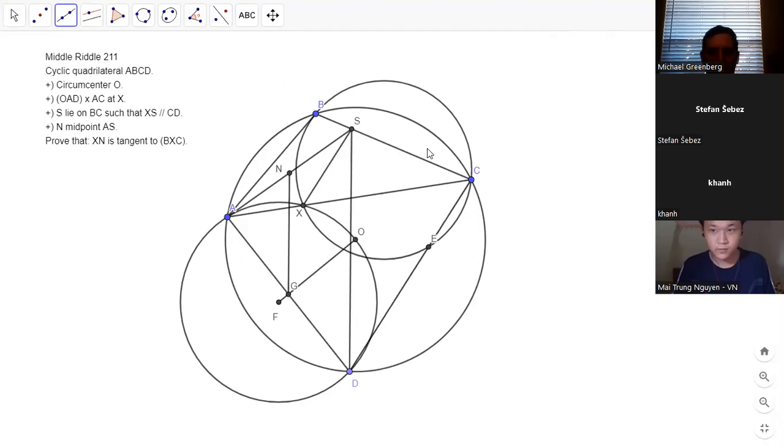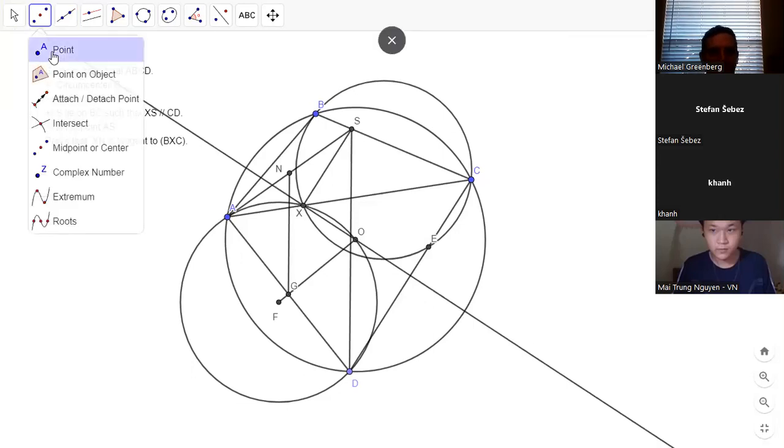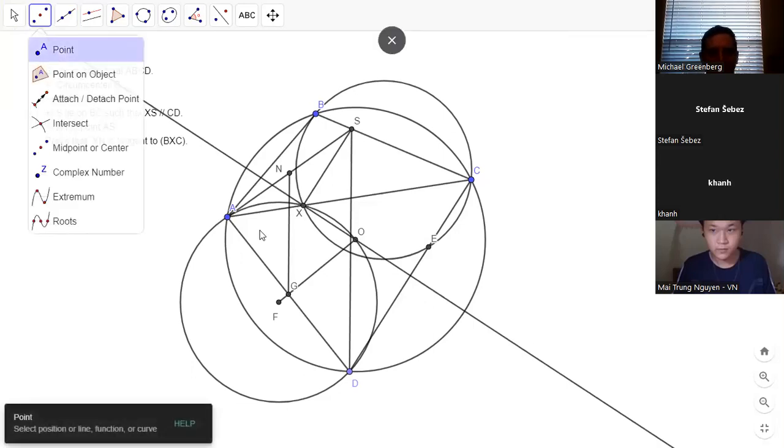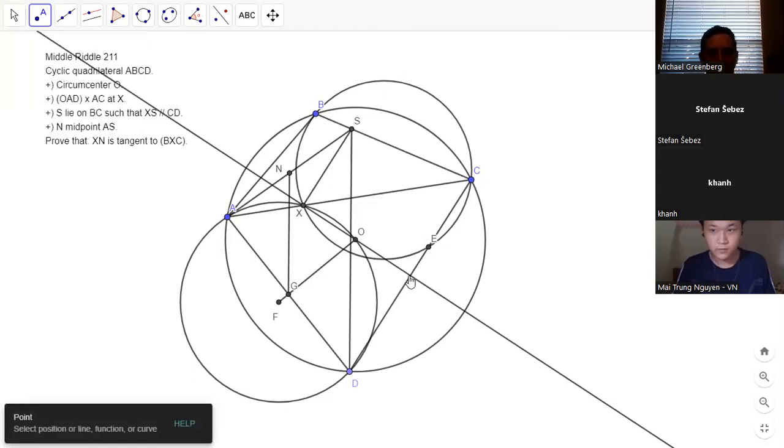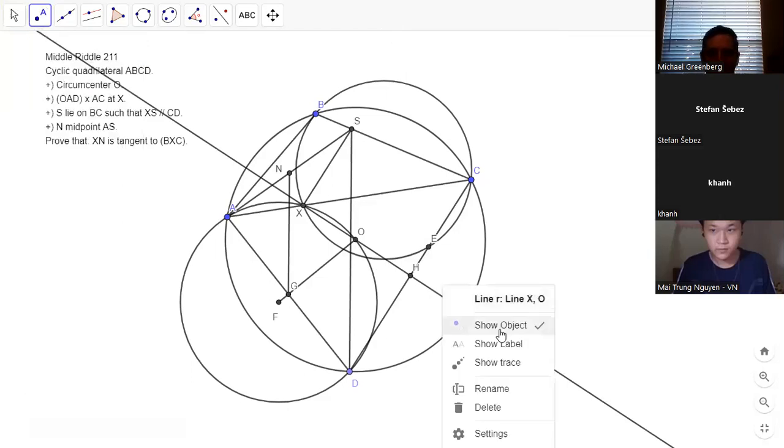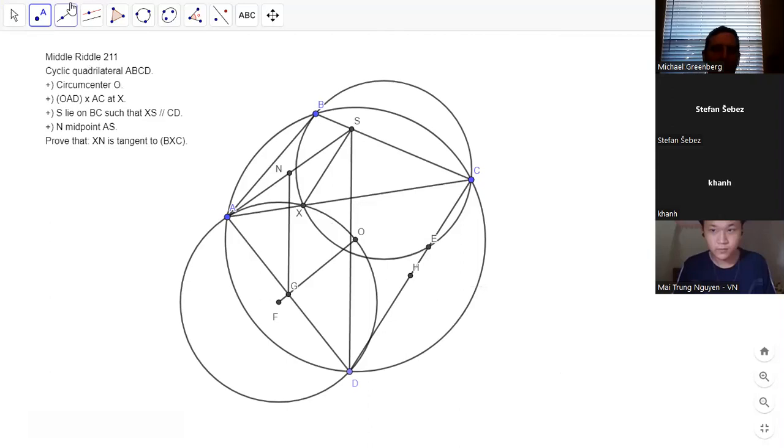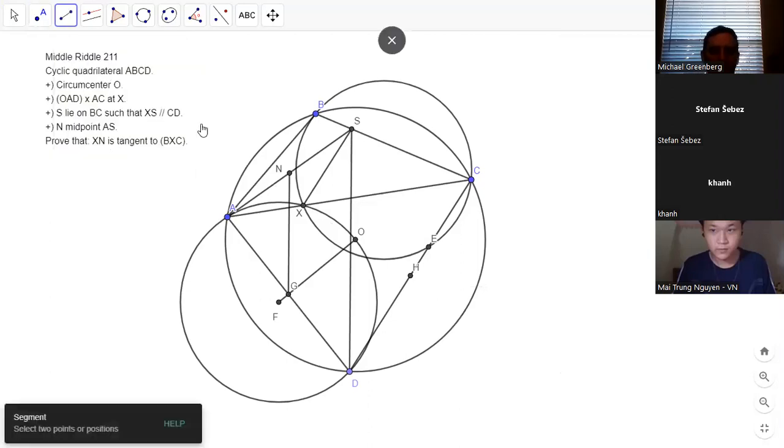That's interesting. So that means H would be the midpoint of DC.